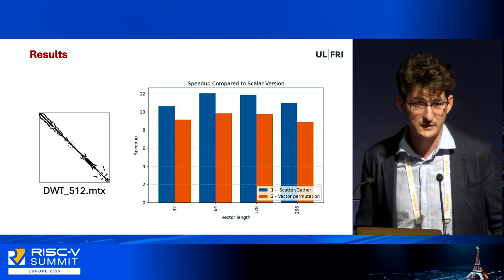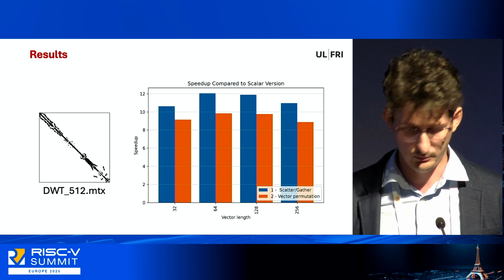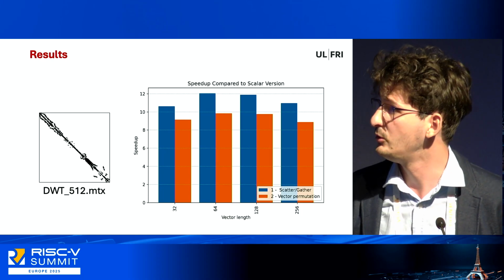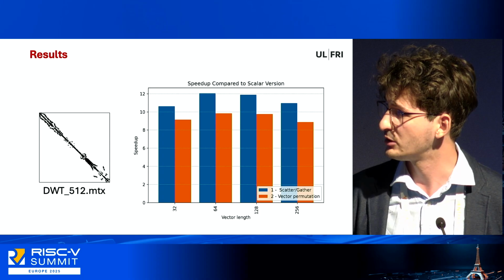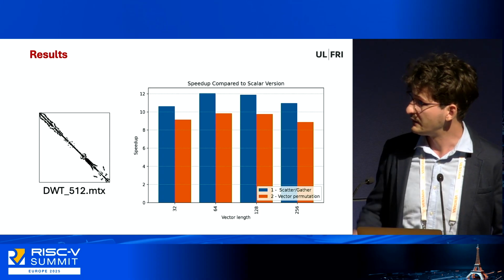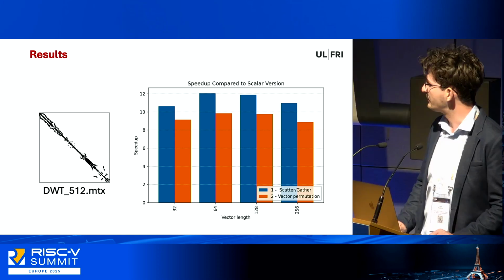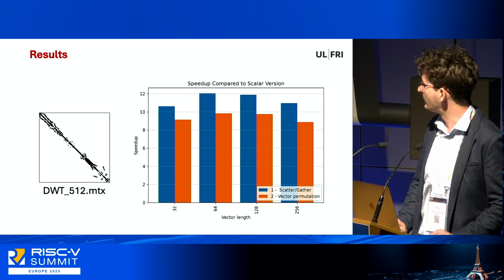Okay, and the results are much better when we do not rely on the reduction. The speedups are much bigger. For the first matrix, the DVT, the speedup is over 10.